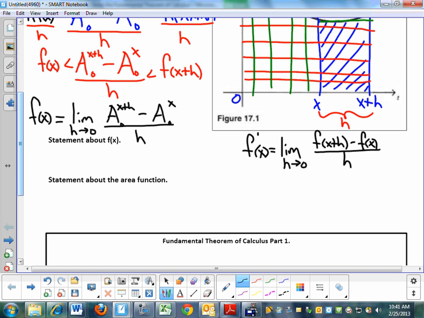So you guys, here's what you need to learn from this. Before, we've been used to taking the derivative. You take the derivative of f of x in order to find slope, f prime of x. What you're learning now is that in order to find area, you take the antiderivative, and that will give you area. So derivative gives you slope. Antiderivative gives you area, and it's just that simple.